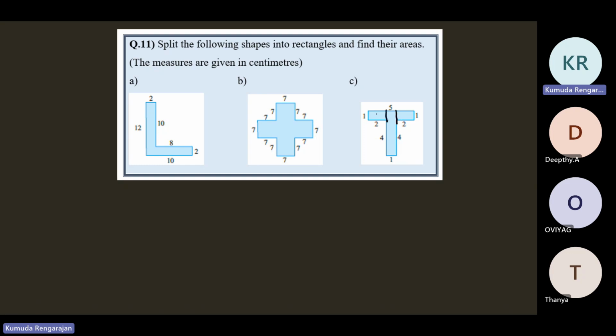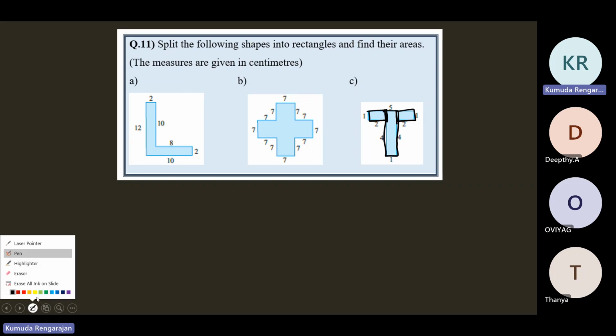You can join like this. Then you will have one rectangle here, another rectangle here and another rectangle here like this. Am I right, children? Yes, ma'am.